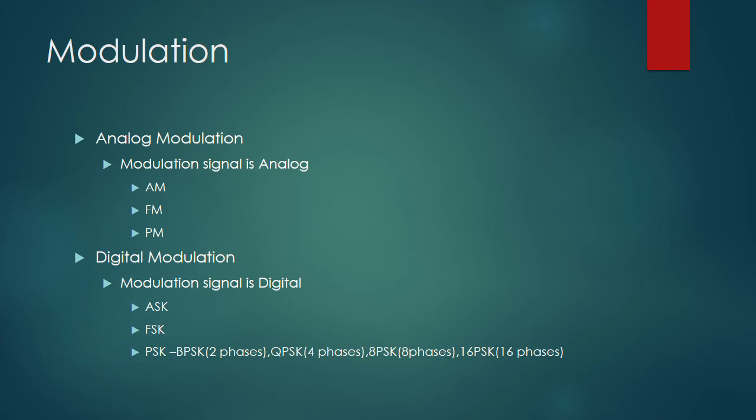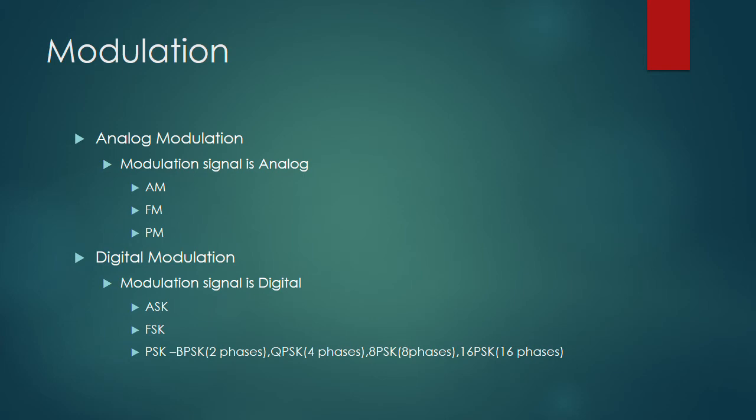In phase shift keying, the phases are like 90 degrees, 180 degrees. We divide the phase shift keying process into a few more processes. For 2 phases, it's binary phase shift keying. For 4 phases, it's quadrature phase shift keying.